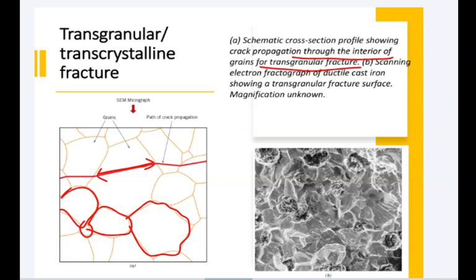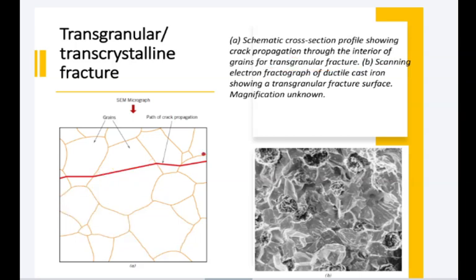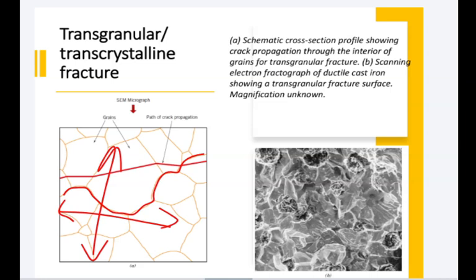So the grain is breaking into two pieces. It is not following the boundaries. It propagates in any direction, so the grain is breaking into pieces. That's why in the microscopic image, you don't see the grains clearly. Because the fracture was transgranular, the crack propagates through the grains.